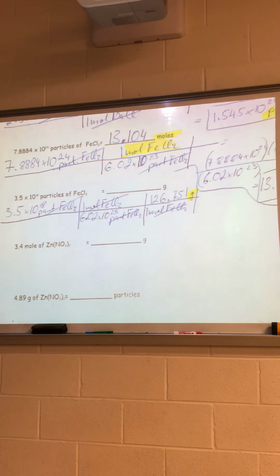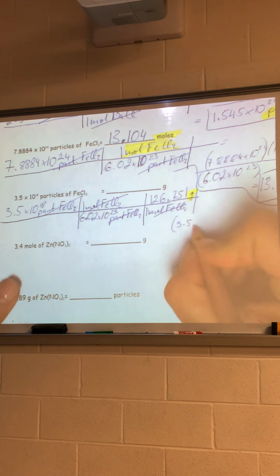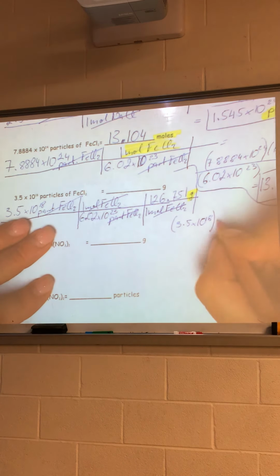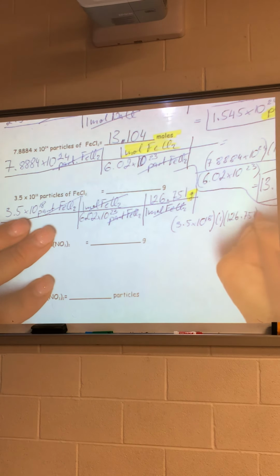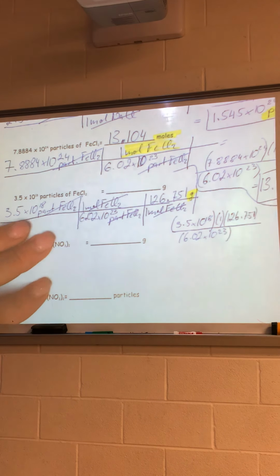Can somebody tell me how many grams I get? Anybody? So I do 3.5 times 10 to the 18 times 1 times 126.751 divided by 6.02 times 10 to the 23rd.